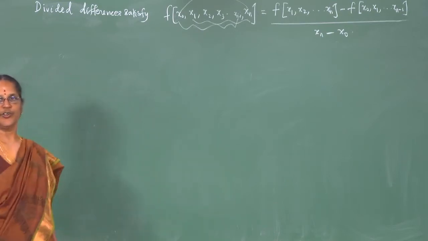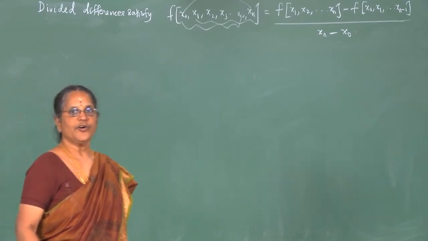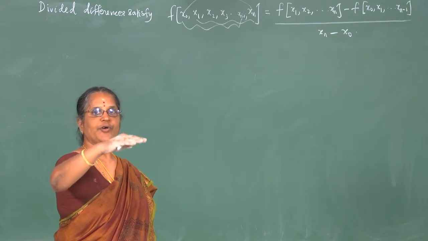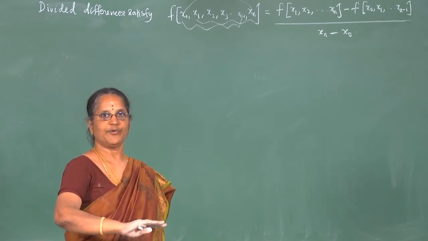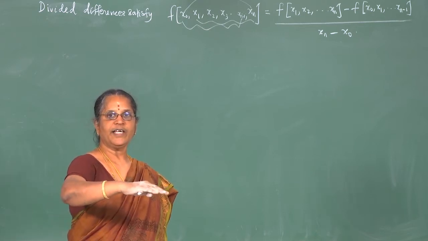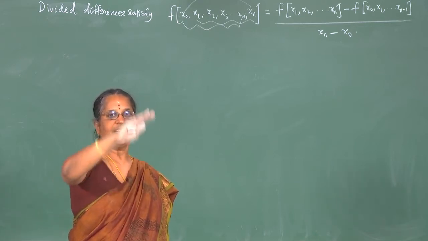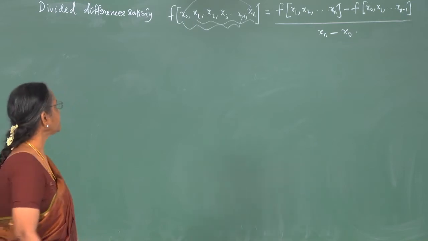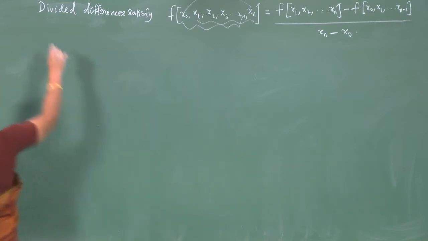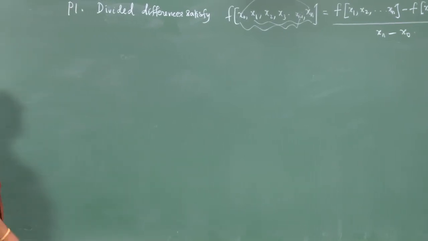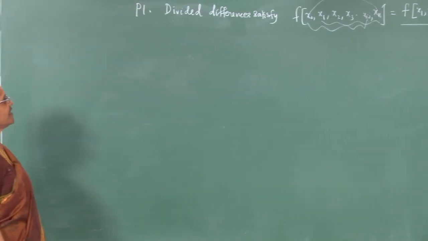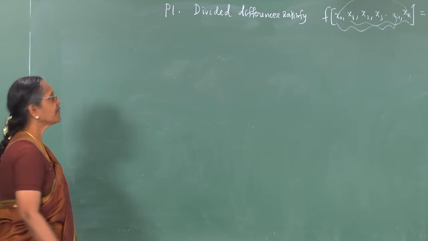So let us show this property. This will tell us how the higher order divided differences can be computed when we know the previous order divided differences. To prove this result, this is property 1, where we need to show that the divided differences satisfy this property.